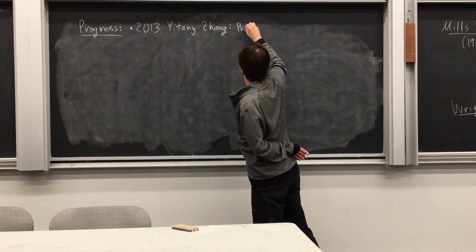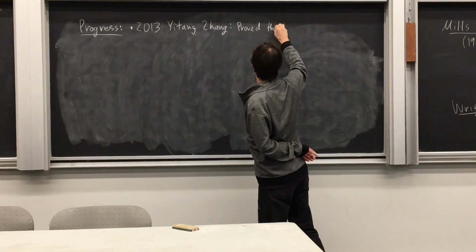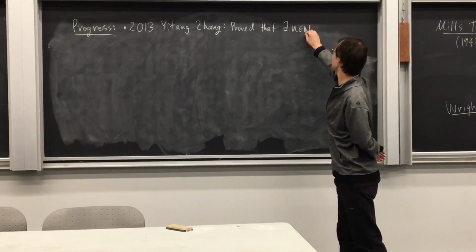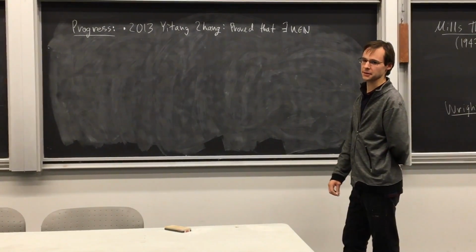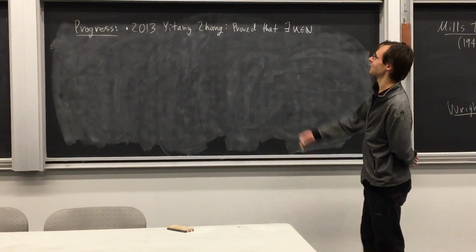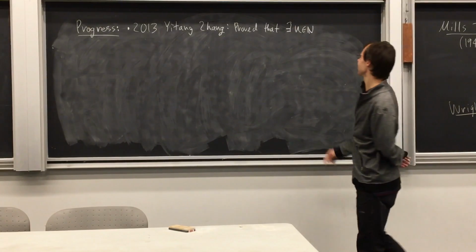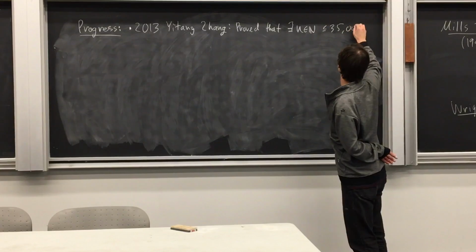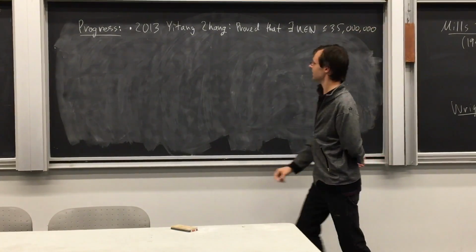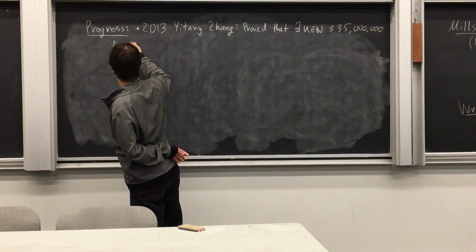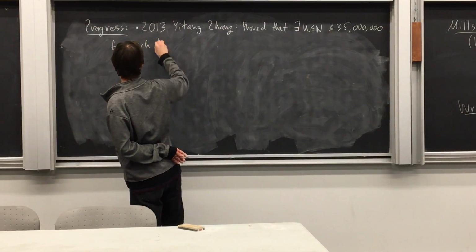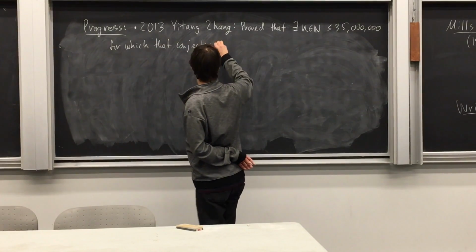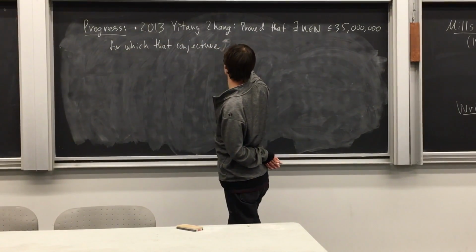He proved that there exists a number n, which is less than 35 million, for which this conjecture holds. There exists an n less than or equal to 35 million for which that conjecture above turns out to be true.